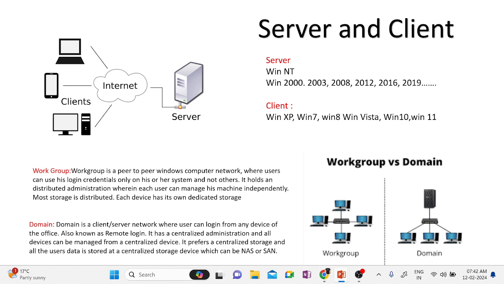Extended support means Microsoft gives you an offer: if you are running the 2012 operating system on-premises and you migrate that workload to the Azure cloud, I can give you 2 years of extended support. I can give you the patches and the support for the 2012 operating system. Okay, so if you have no extended support, then it will be legacy only. So if you ask me, on-premises, Microsoft gives support only for 2016, 2019, and 2022, three operating systems. Microsoft is currently giving the support. Rest all are legacy.